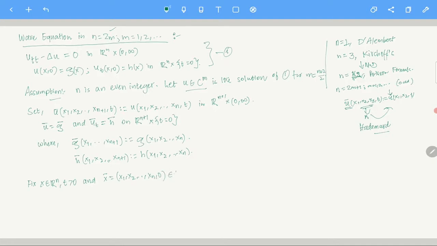This is in R^(n+1). Clear? So we're just writing x bar like that. Whenever I say x bar, it is in the t equals 0 space, basically the x(n+1) part is 0.